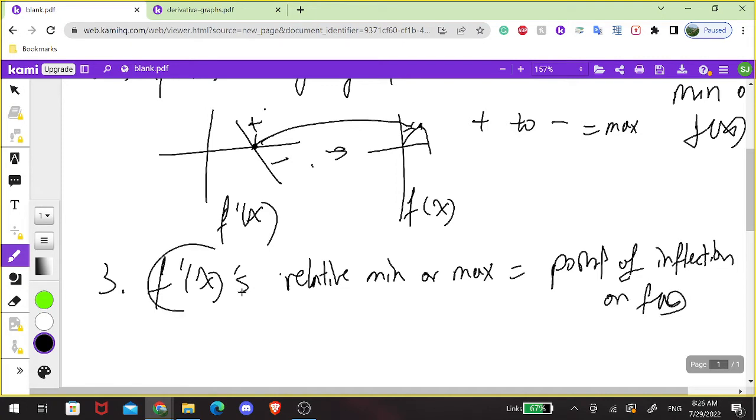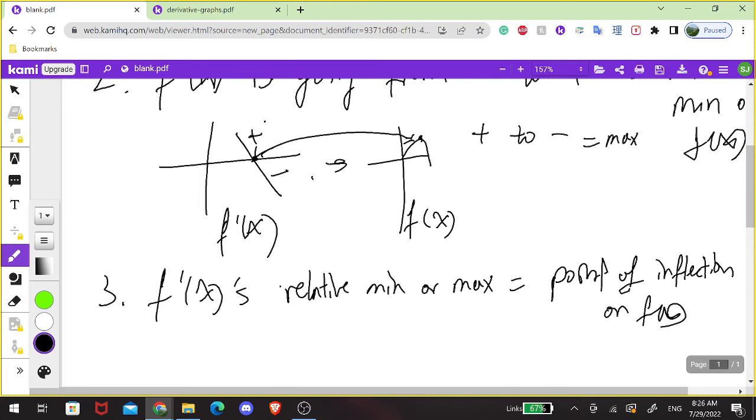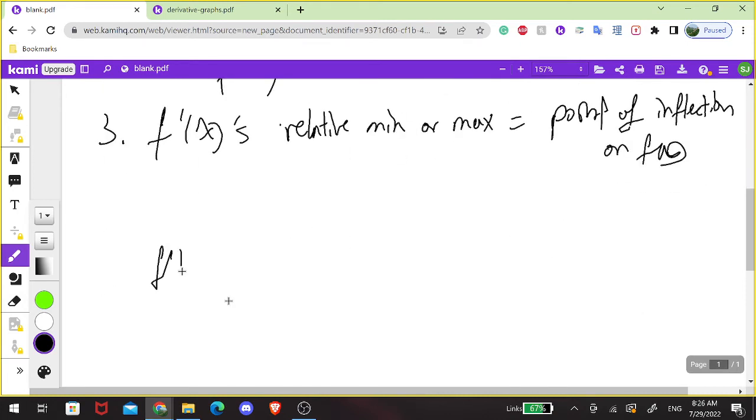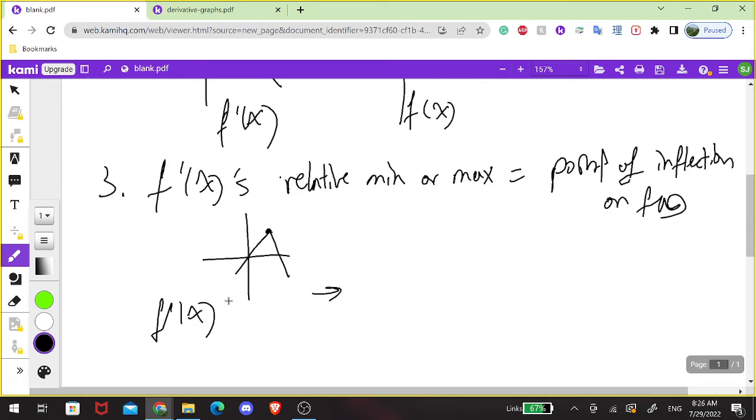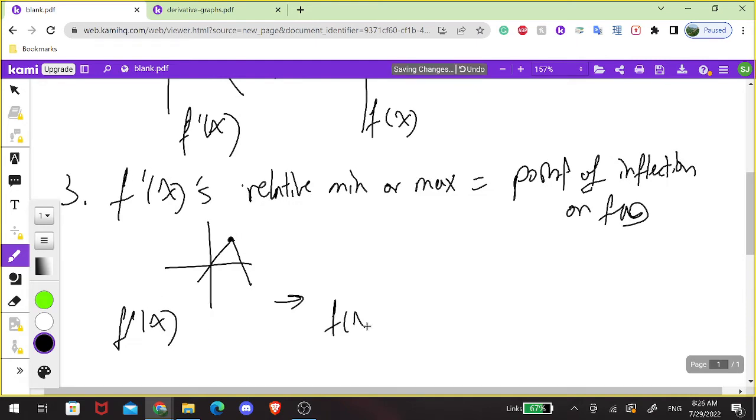So now we're looking at the f prime of x min or max. If this graph is f prime of x, and we have a maximum here, then this point will correspond to a point of inflection. What is a point of inflection? It's the point where the slope is the steepest.